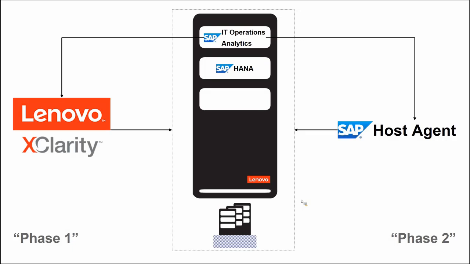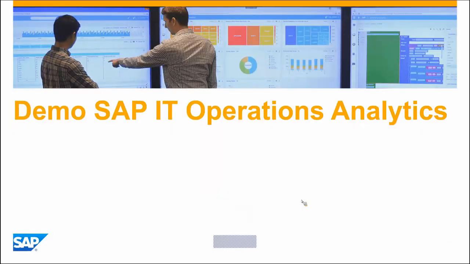Also, we talked about the integration with data center leaders. One of the people we're working with very closely is Lenovo, and John mentioned their Xclarity solution, which is the native monitoring tool for Lenovo hardware. We've joined forces with Lenovo and created out-of-the-box content, things like parsing rules and pre-built dashboards, that combines the data from Lenovo Xclarity as well as the SAP host agent.